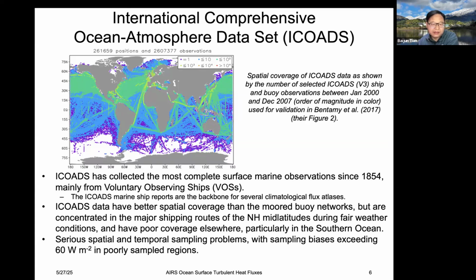But unfortunately, it has bad coverage in the Northern Hemisphere mid-latitudes, especially during fair weather conditions. Ship track regions have high coverage, but the Southern Hemisphere, especially the Southern Ocean, has poor coverage. As a result, there are also sampling issues.